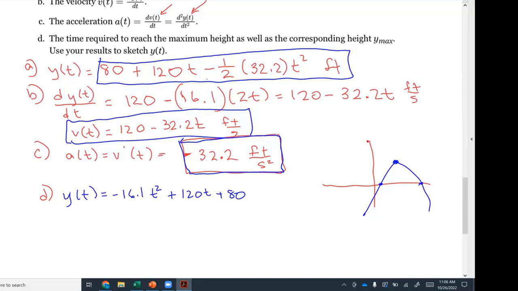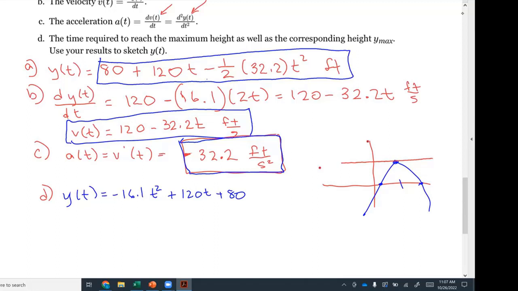I don't know what time it happens. I don't know anything else, right? But here's what I do know. If I were to draw a tangent line to that maximum point, it would be horizontal. And we know that the slope of a horizontal line is 0.